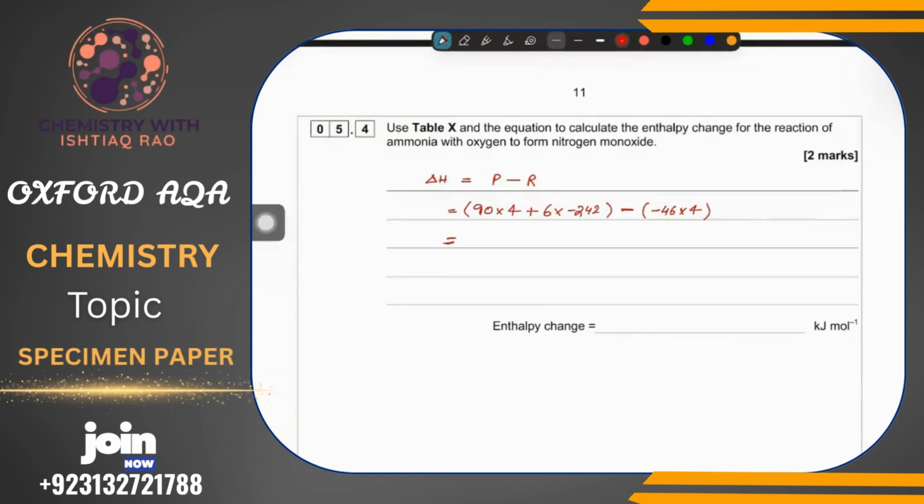Is this overall answer negative or positive? It depends. What is this enthalpy of formation? Is it exothermic? Formation may be exothermic, formation may be endothermic.